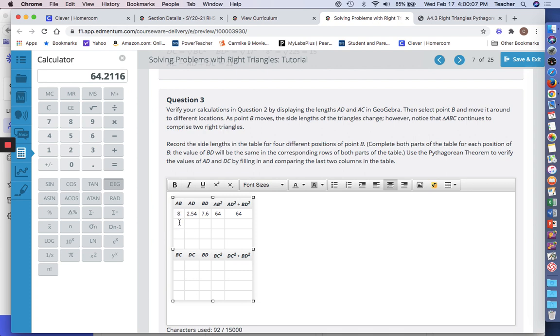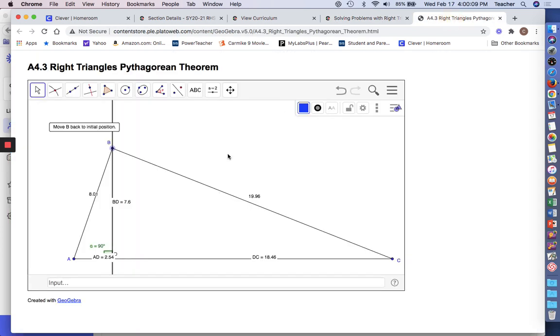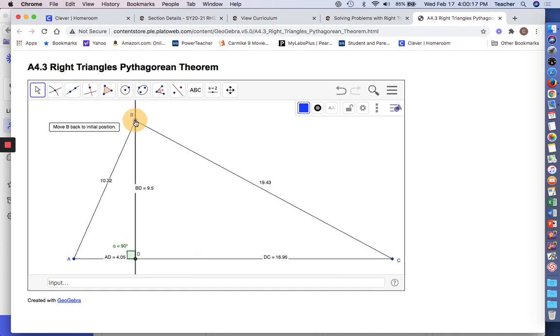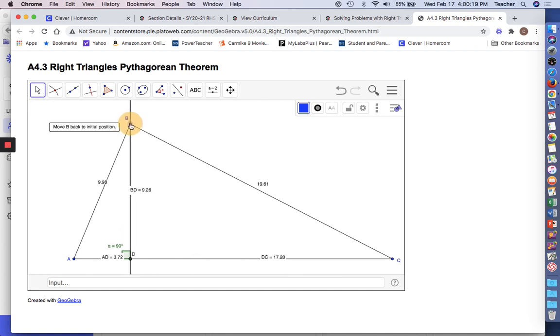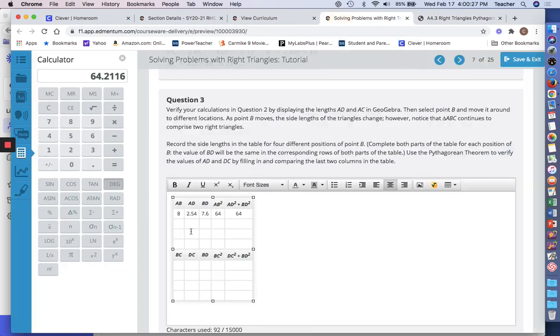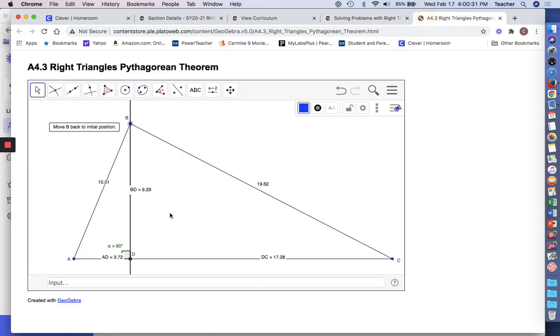Alright, let's try another one. How about I move it to 10. That's pretty close. I'm going to make that a 10. So AB is 10. AD is 3.72.